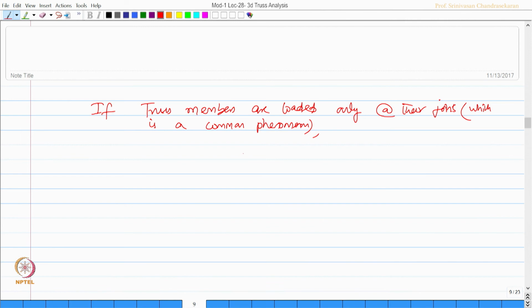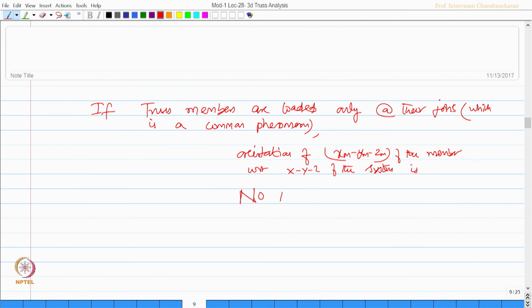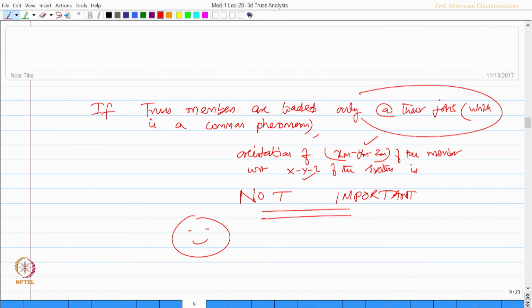In that case, the orientation of the local axis of the member with respect to the reference axis of the system is not important. That is a very great relaxation we have. We do not have to bother about the orientation of the local axis with the global axis, provided the loads are only applied at the joints.